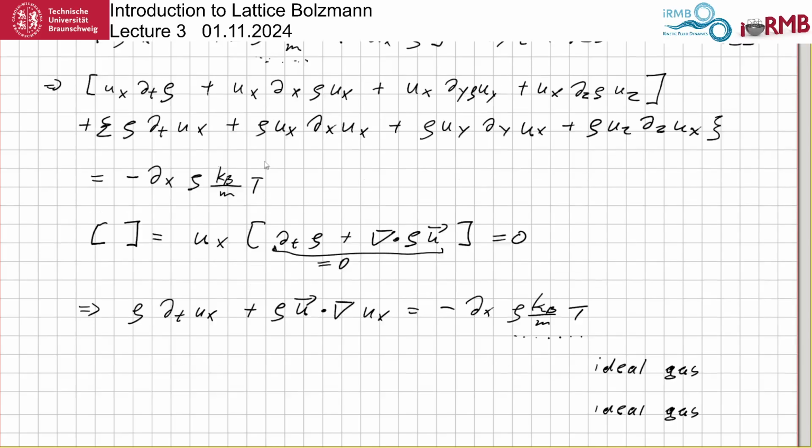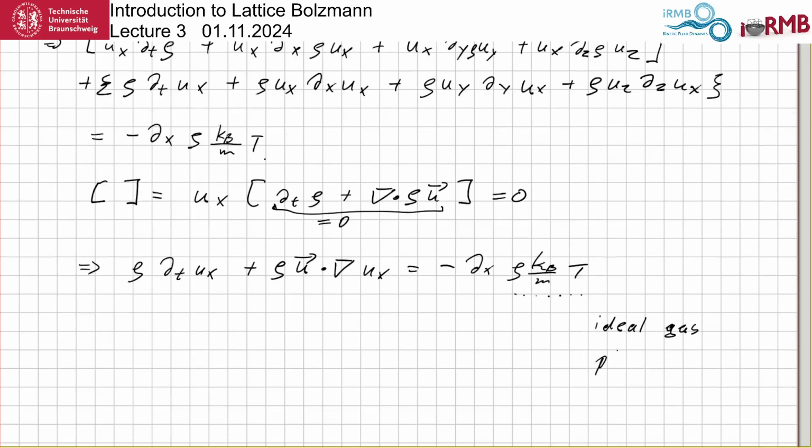You say ideal gas, so ideal gas is P, the pressure times the volume is Boltzmann constant times T. Yeah. And our volume is okay, because rho is the particle density. It's the number of particles. It's not the mass.